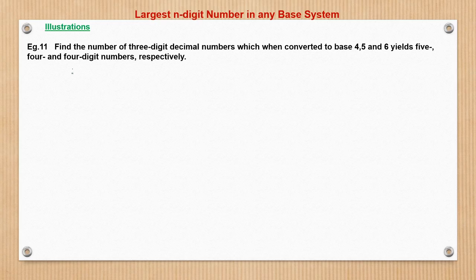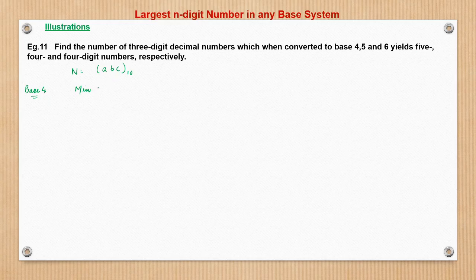So let the number be ABC in base 10, right? Now this number is being converted to base 4, 5 and 6. It gives 5-digit, 4-digit and 4-digit numbers in the respective bases. So let us say first the conversion to base 4. The base 4 gives a 5-digit number.